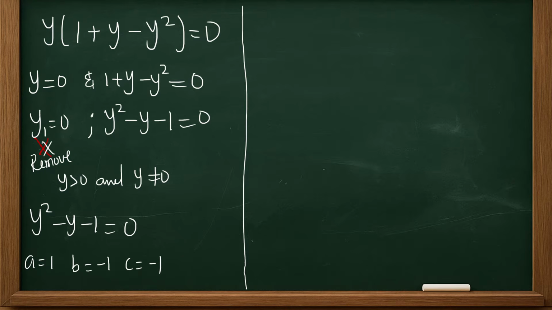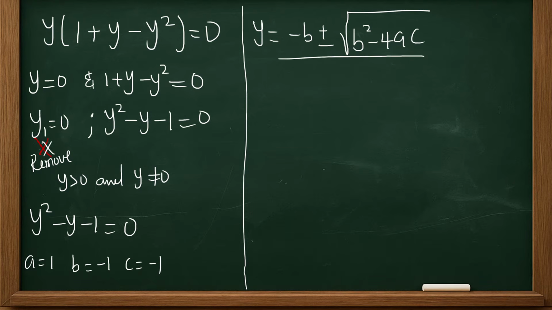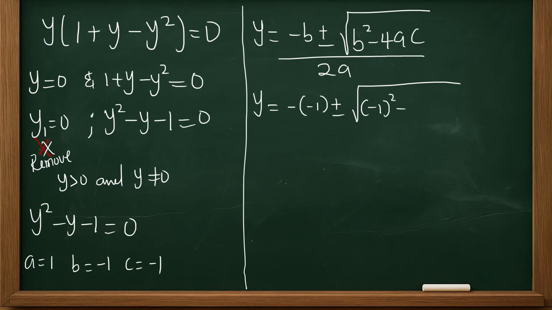Here, using the quadratic formula, recall that y equals minus b plus or minus the square root of b squared minus 4ac, everything over 2a. Now let's plug in what we have. Here we have y equals minus b, which is negative 1, plus or minus the square root of b squared, which is negative 1 squared, minus 4 times a.